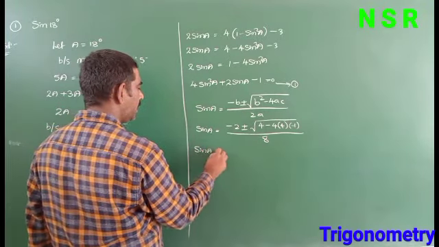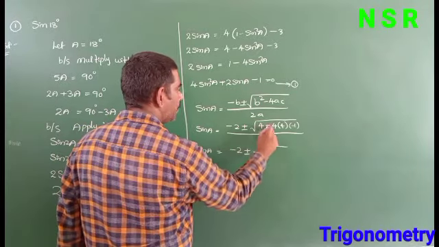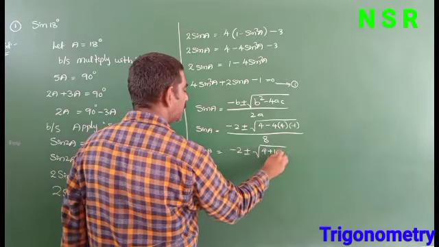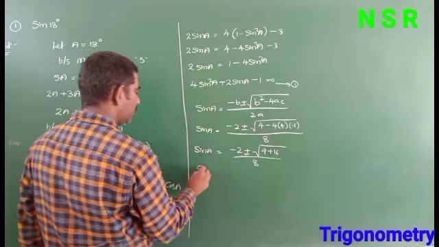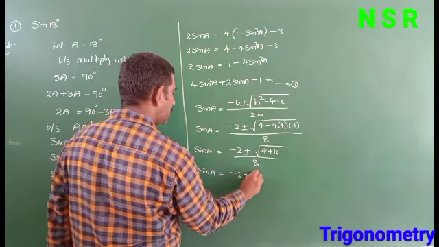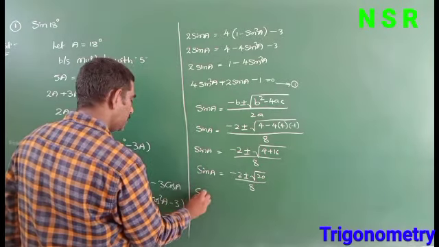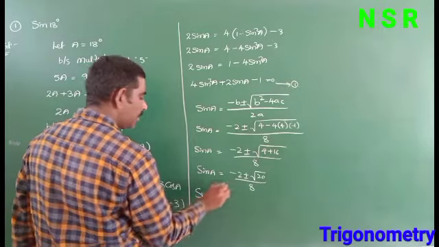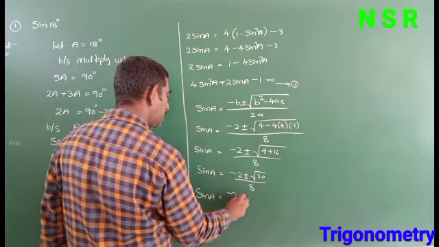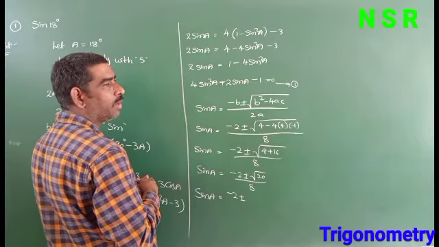So we get sin a equal to minus 2 plus or minus square root of minus into minus plus, 4 4s are 16, by 8. So sin a equal to minus 2 plus or minus square root of 20 by 8. So square root of 20 we can write as 4 into 5, so square root of 4 is 2.